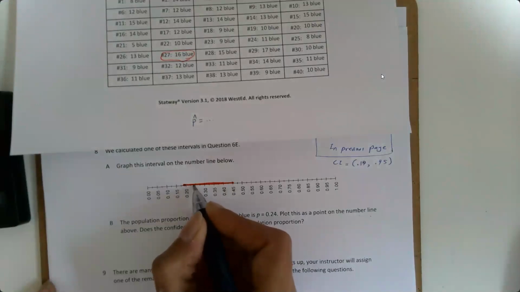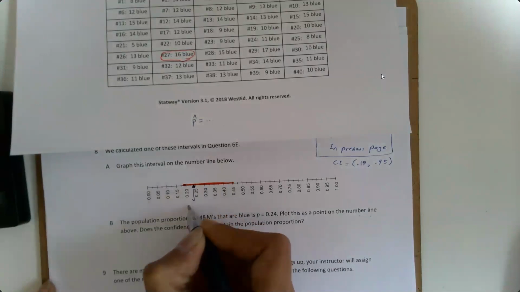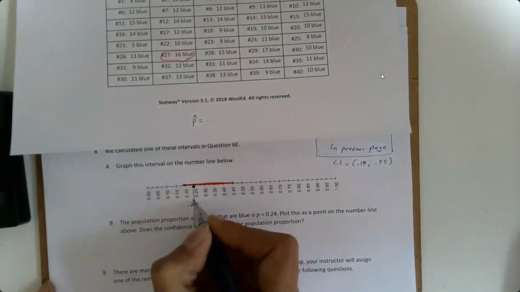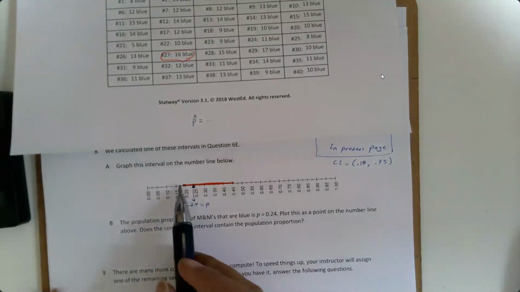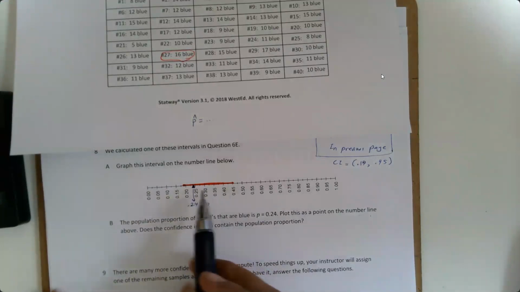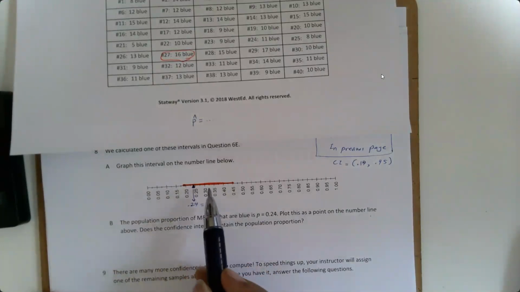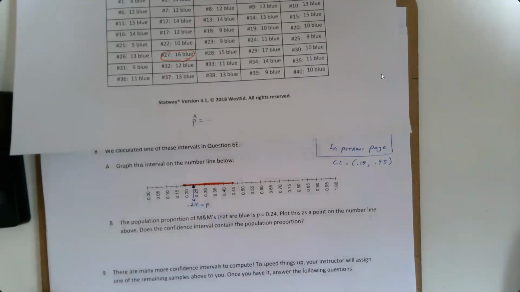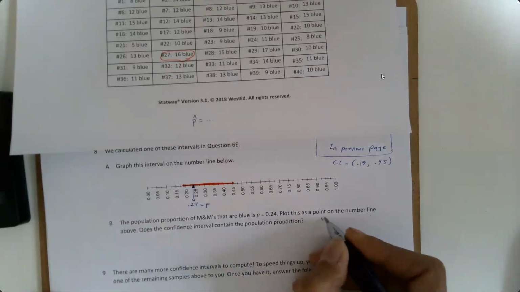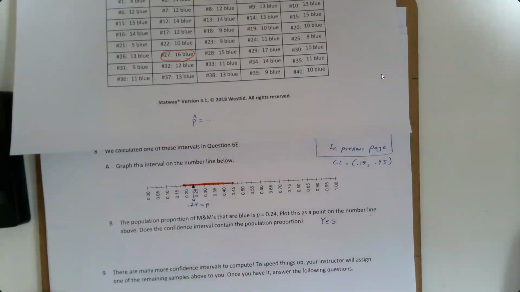So this is the actual population proportion, 24%. Is this inside the confidence interval? Yes, it is inside the confidence interval, even though it's not exactly at the center, but it belongs to the confidence interval. So the answer is yes.